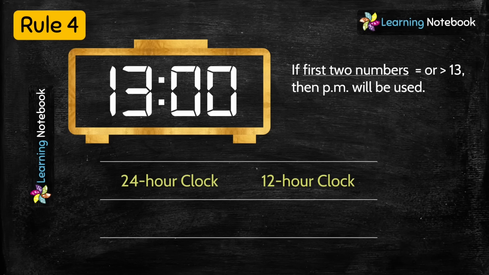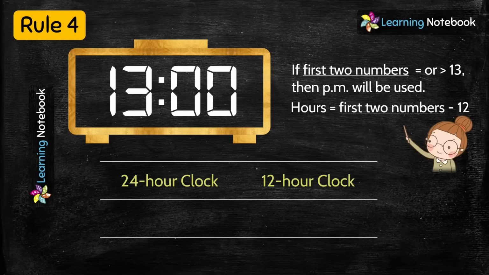Students, now only thing left is number of hours, because 12-hour clock has numbers only till 12. So to find hours, we will just do first two numbers minus 12.